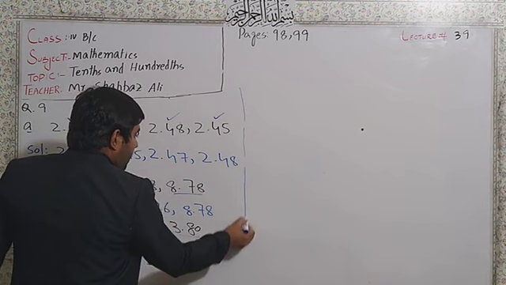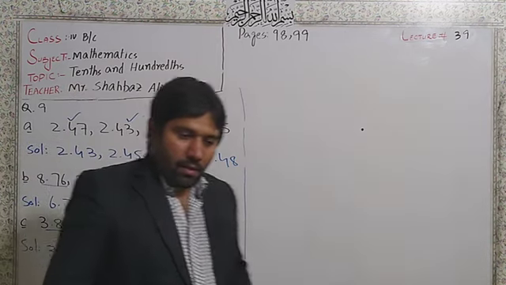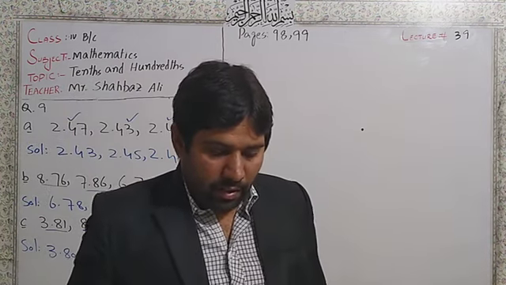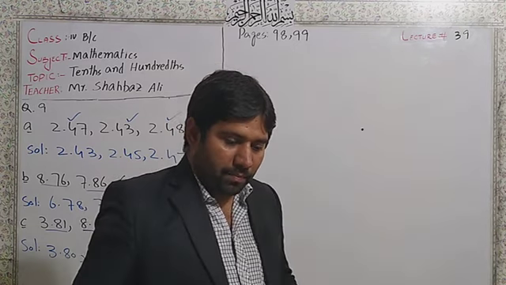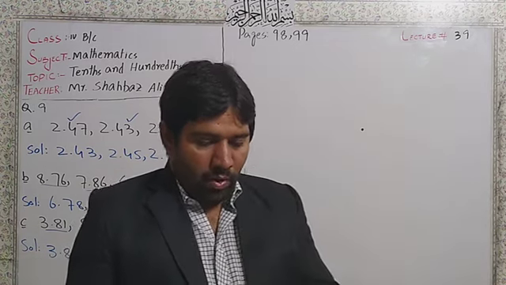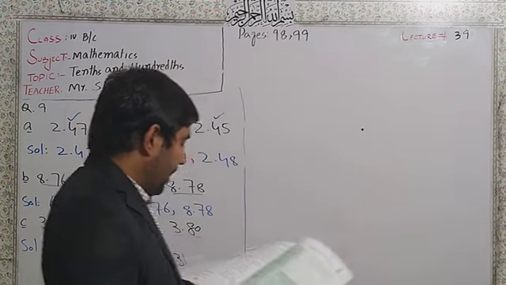Next one, question number 10. Look at these carefully, then write the missing number. The numbers are given, so you have to write that missing number.